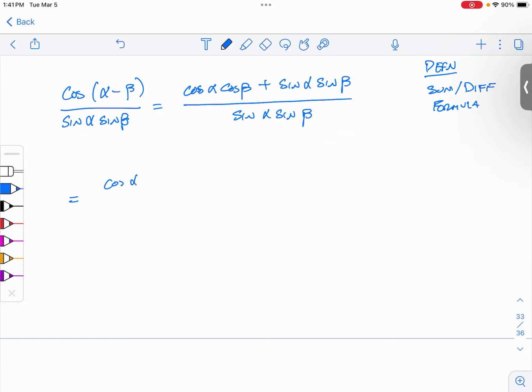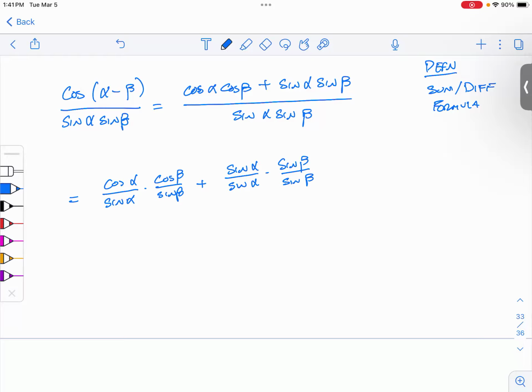Just to further emphasize this, I'm going to break this up into multiple fractions, not multiple denominators. So this is common denominator in reverse, right?